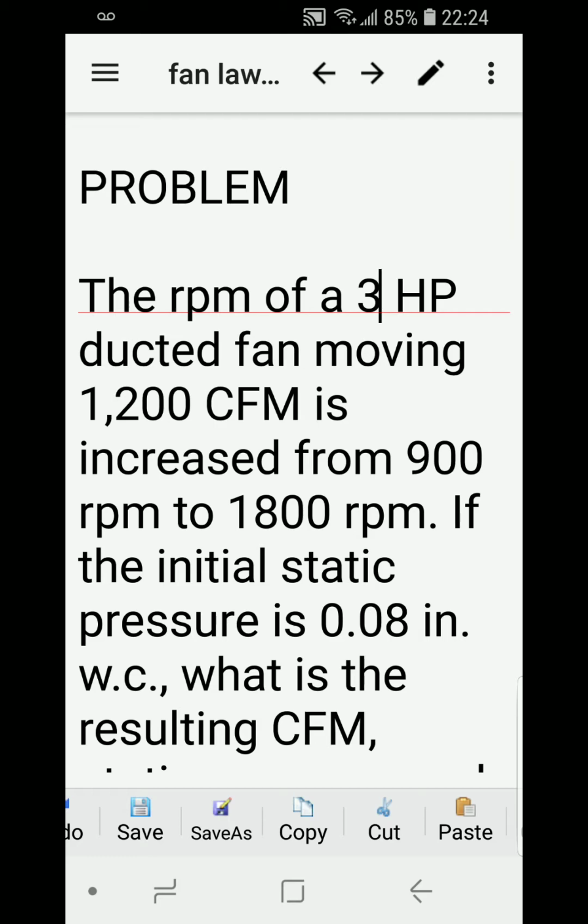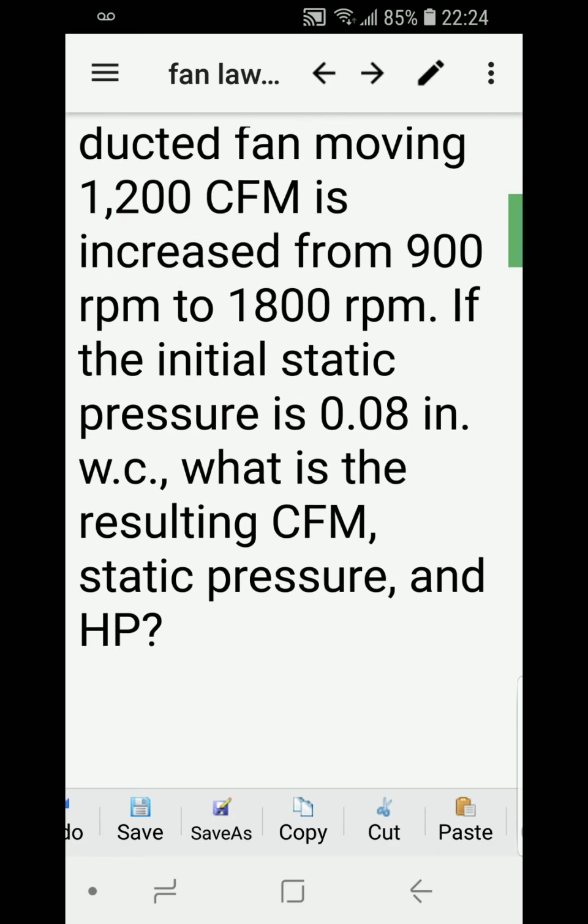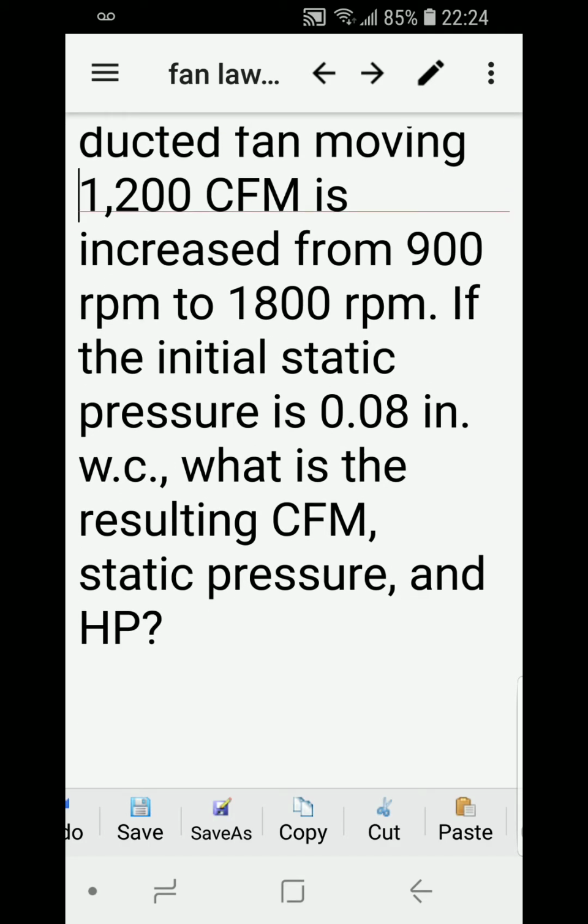The RPM of a 3 horsepower ducted fan moving 1200 CFM is increased from 900 RPM to 1800 RPM. If the initial static pressure is 0.08 inch water column, what is the resulting CFM, static pressure, and horsepower?